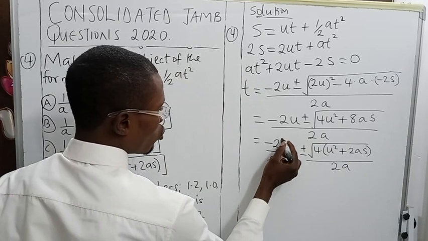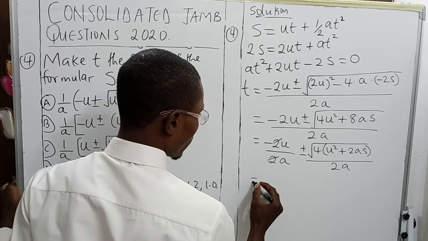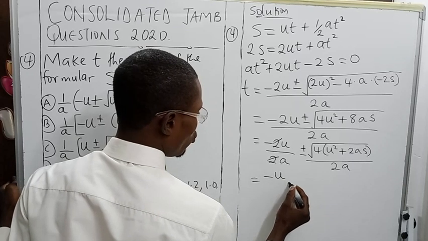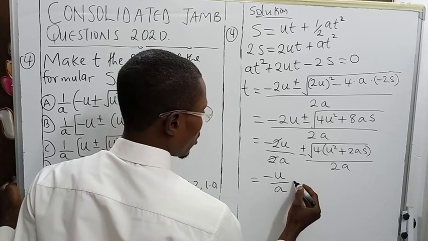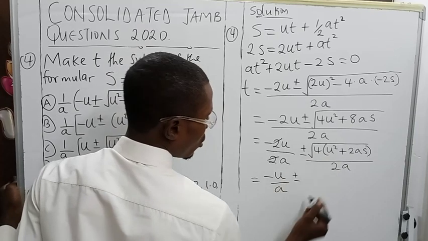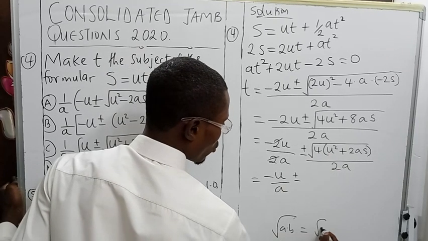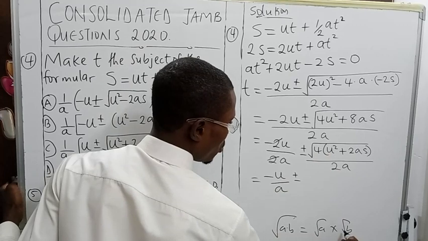So 2 cancels out 2. Okay, I'm going to have minus u over a plus or minus, when I have the root of a times b, that is the same as saying root of a times root of b.